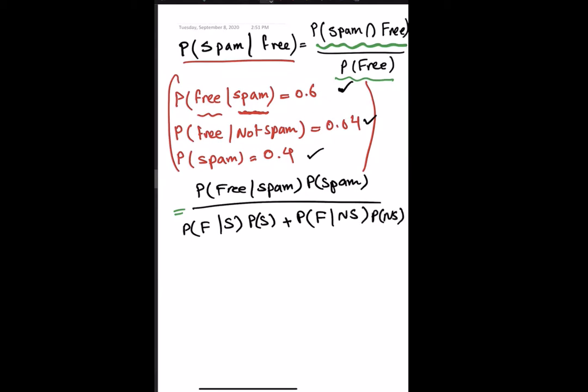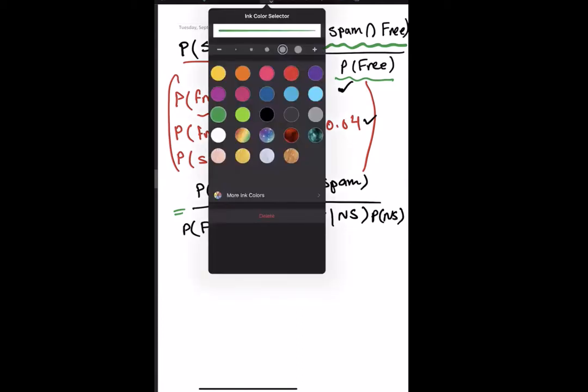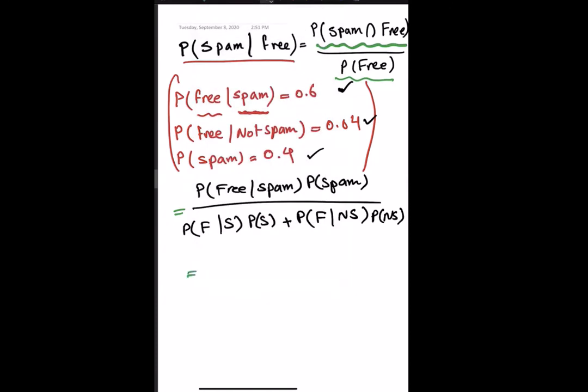But we don't have not spam. Can you calculate it? Okay. So what is the probability of the word free in the email given that it's a spam? 0.6. It's 60%, 0.6. What is the probability that an email is a spam? 0.4.